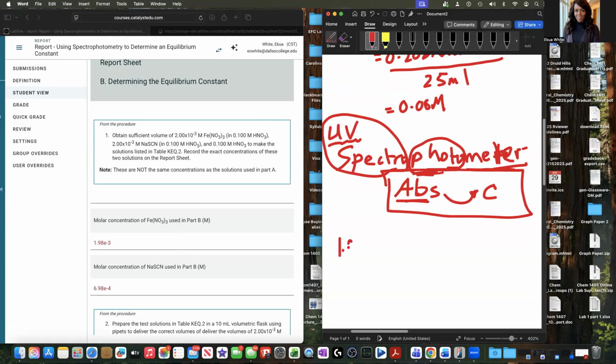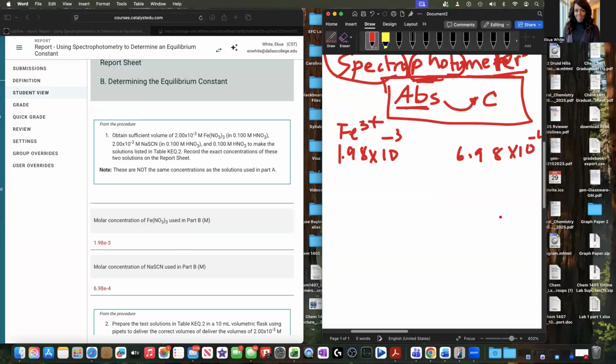Use 1.98 times 10 to the negative 3 as the iron concentration, and for the dilution, use 6.98 times 10 to the negative 4 as the thiocyanate.